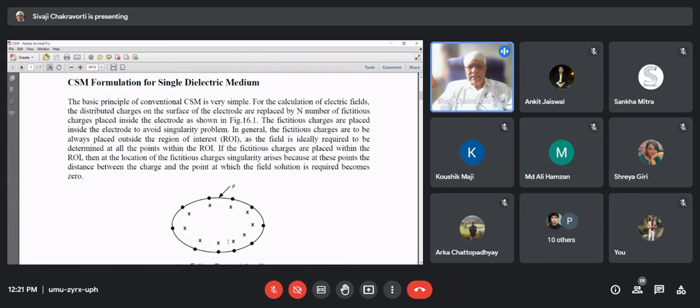Look at the diagram. Let's say this is the electrode, and it's a solid one, and it's a conductor. And you all know that within a conductor, the charges are free to move. That we all know. Now, if the charges are free to move, and we have opposing polarity of charges within the conductor, then what will happen?